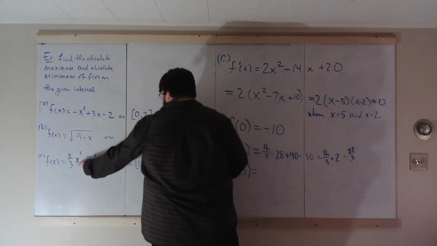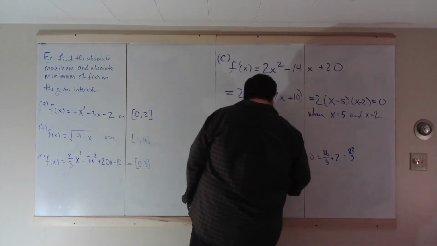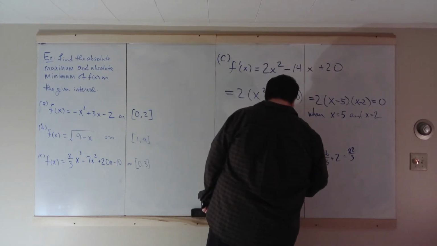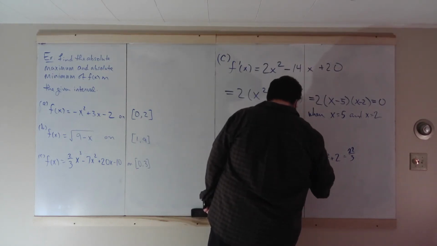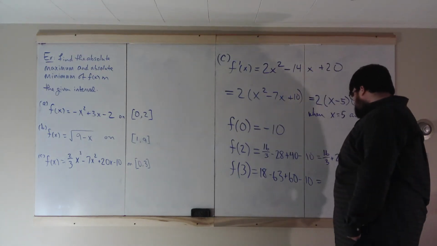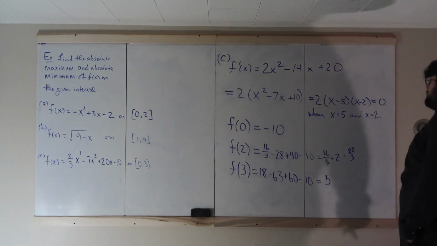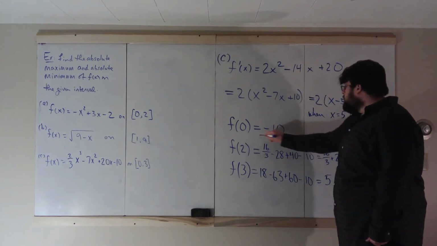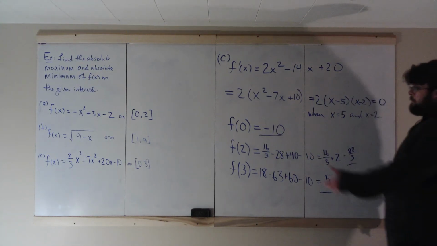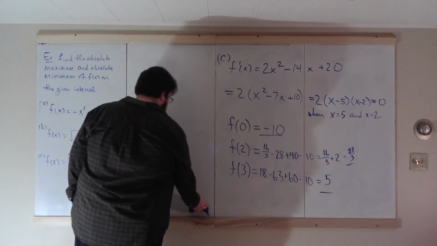F at 3, 2/3 of 27 is 18. 7 and 9 are 63. 20 and 3 make 60. And -10. And what do we get here? 18 minus 13. Is that right? Yeah, 18 minus 13. So we have -10, 7 1/3, and 5. And I'm going to make my conclusion over here because I don't have room over there.